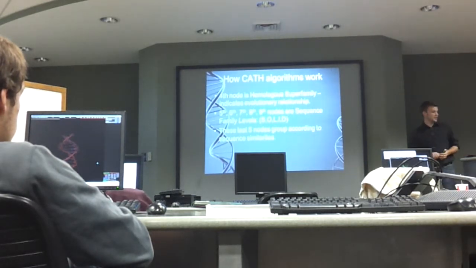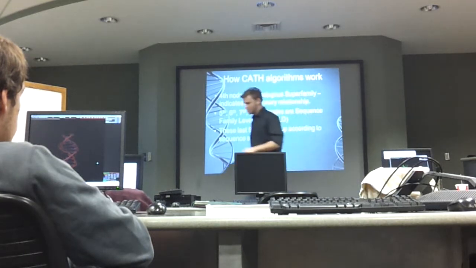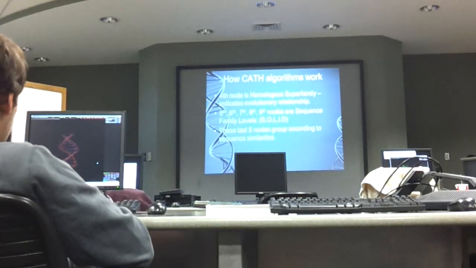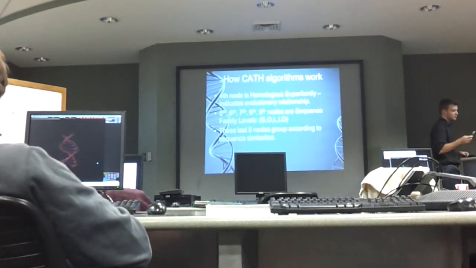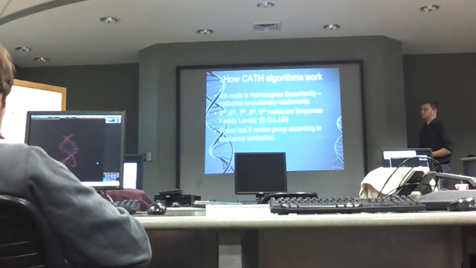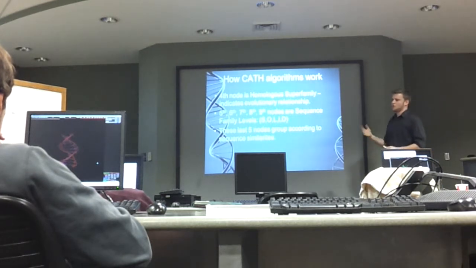A fourth node goes back to homology. This is where it takes into consideration species. If it goes through the first three nodes and it's also similar to, say, a chimpanzee, it's going to find a similarity there, and the algorithm's going to go that direction.